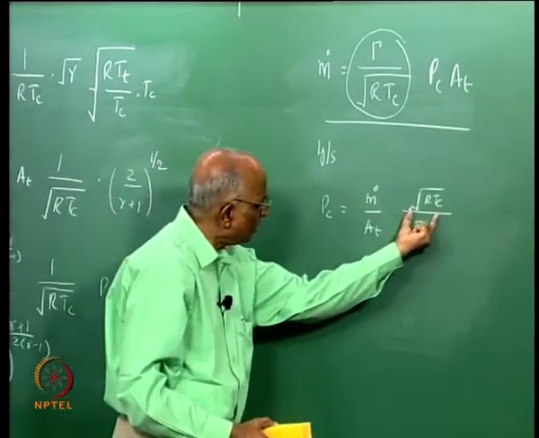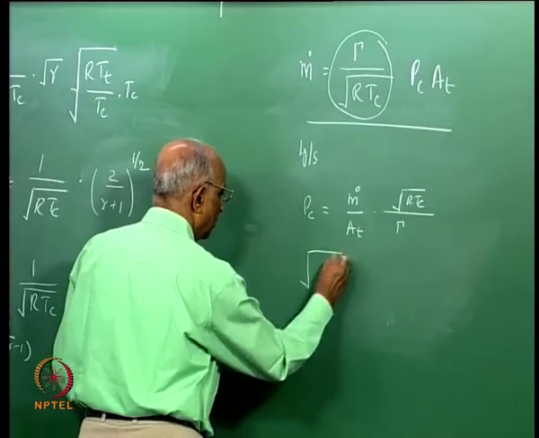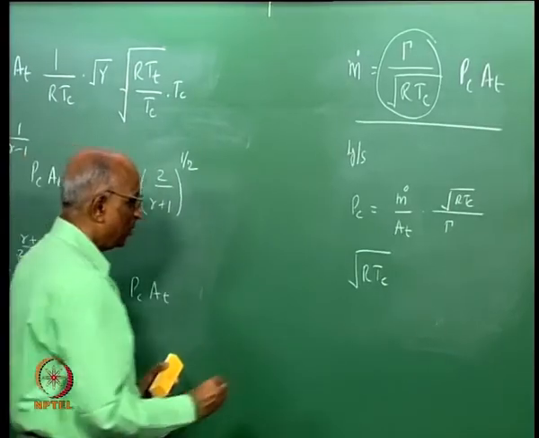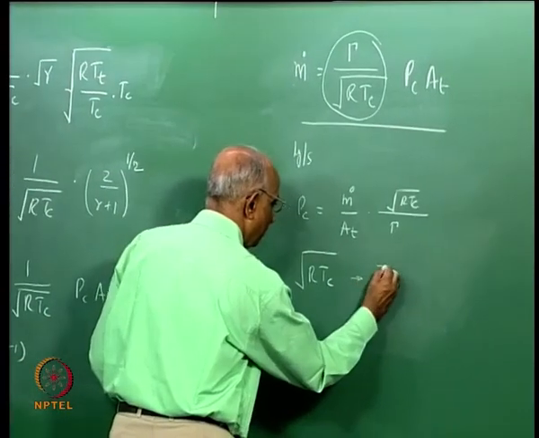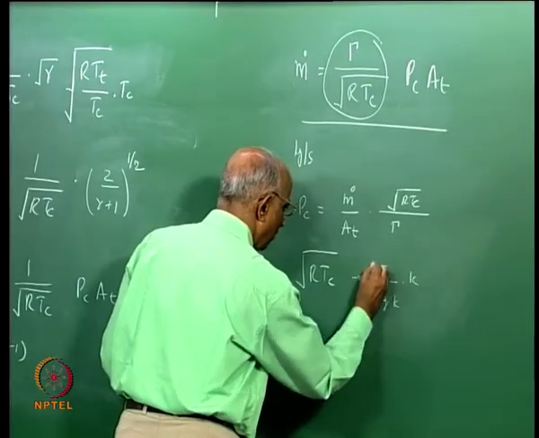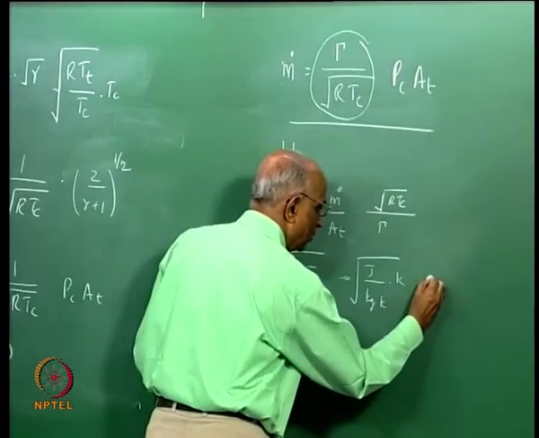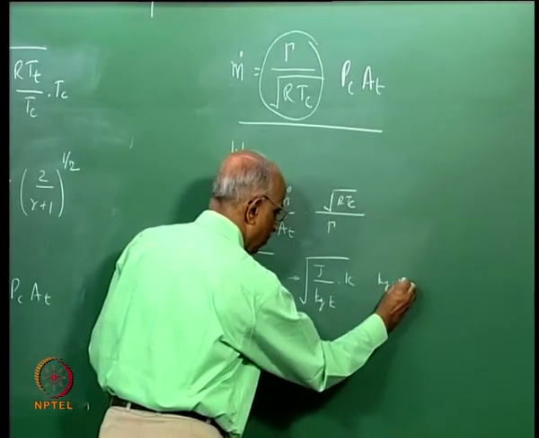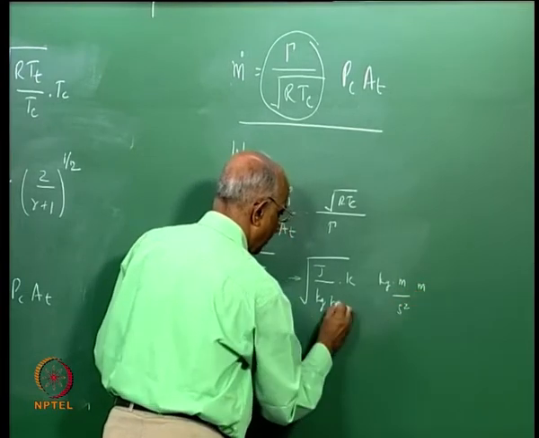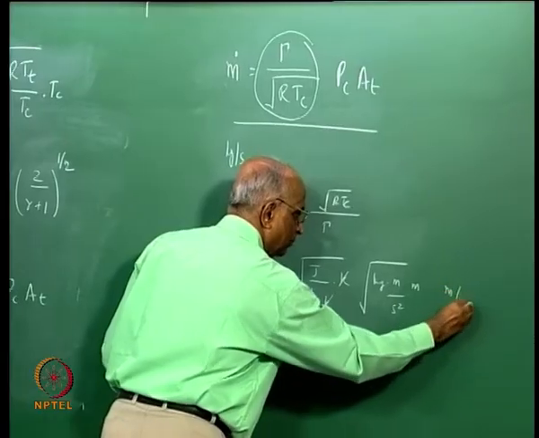And what is the value? Let us see the unit of under root RTC. What is the unit of RTC? Joule per kilogram Kelvin into Kelvin under root. Joule is Newton meter and Newton meter is equal to kilogram meter per second square into meter, Kelvin gets cancelled, therefore you have meter per second.